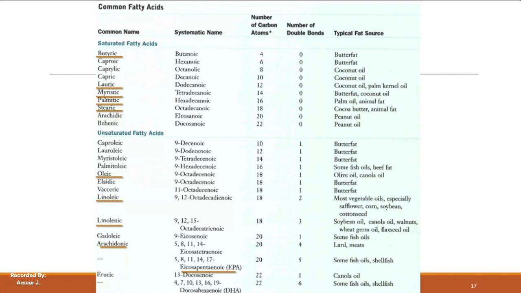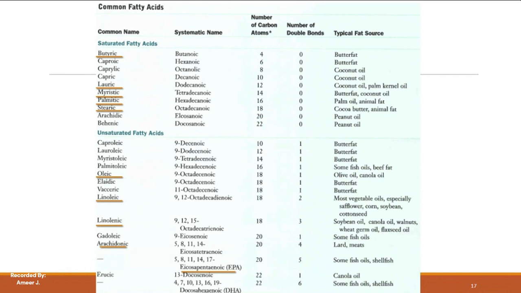And the most important fatty acids that are unsaturated, whether one double bond or more, are as follows. The most important is oleic. The source of oleic is olive oil and canola oil. And linoleic acid, you can see in most vegetable oils, especially safflower, corn, soybean, and cottonseed.